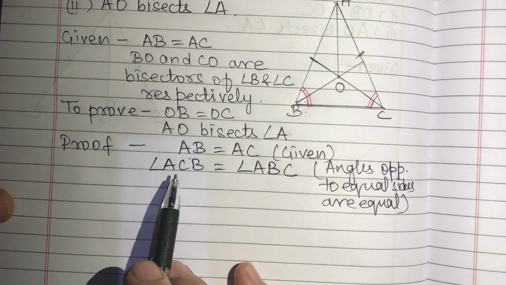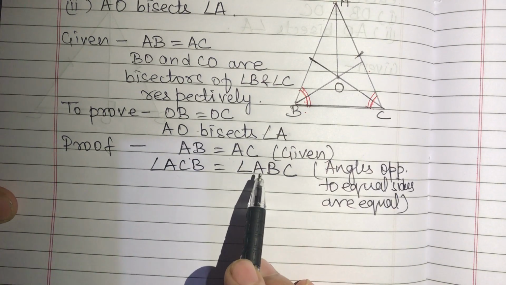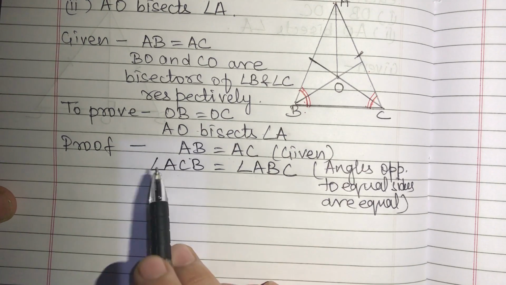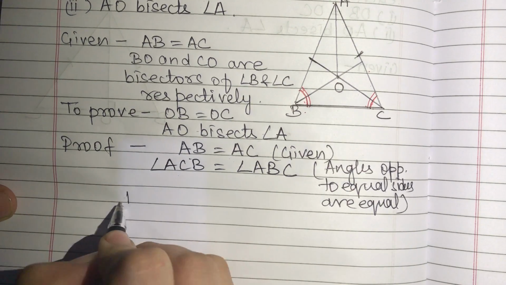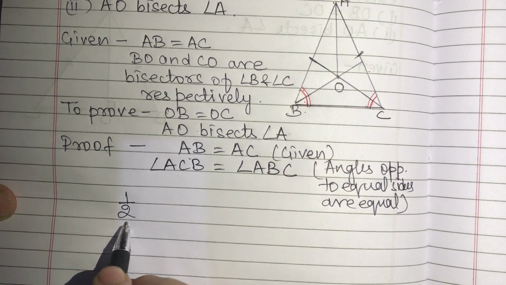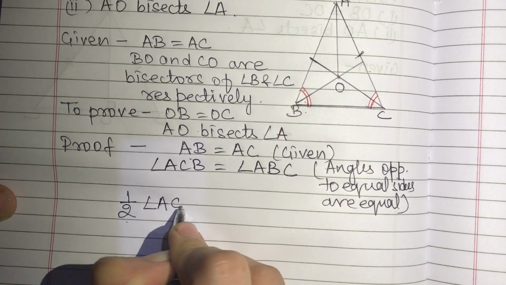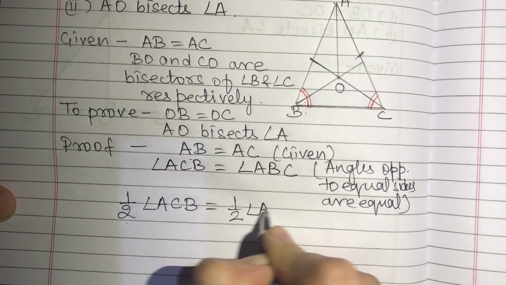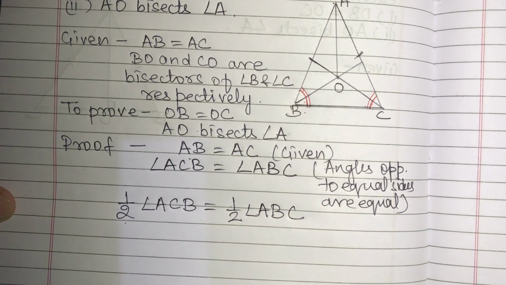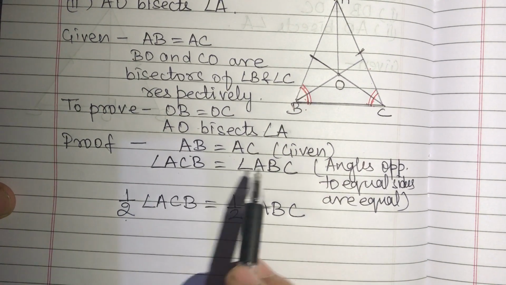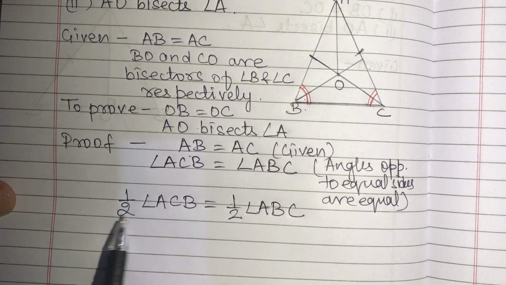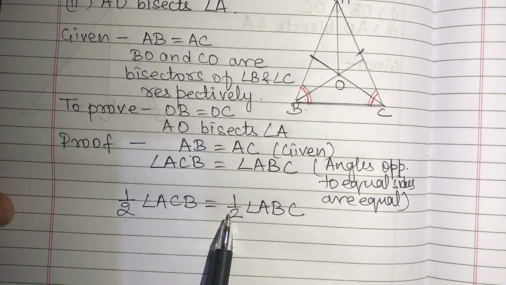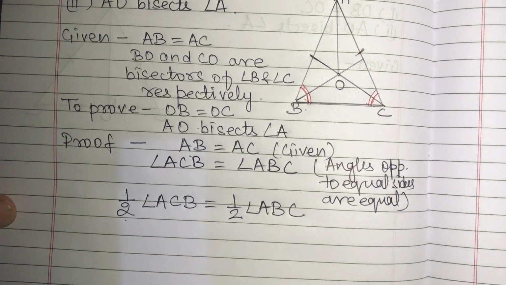Now this whole angle is equal to this whole angle ABC. If wholes are equal, then their halves are also equal. So half of angle ACB is also equal to half of angle ABC.